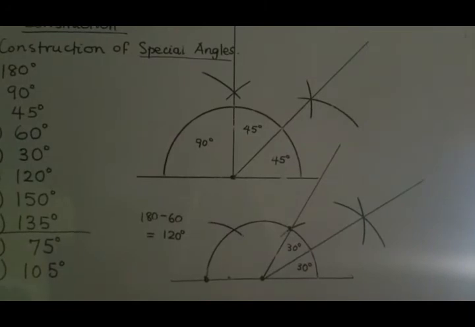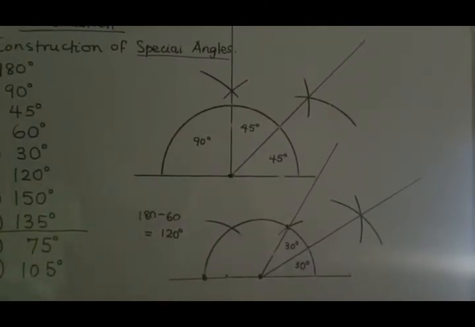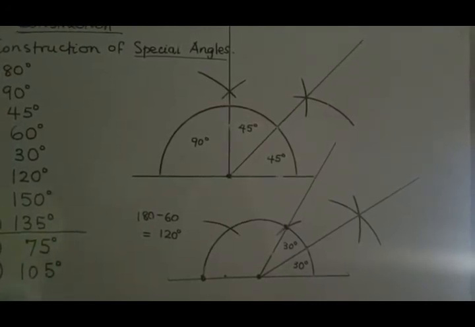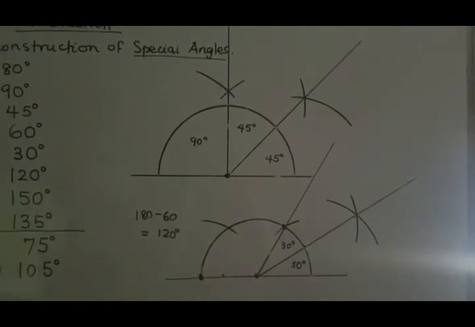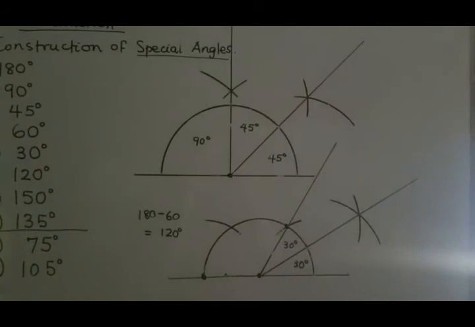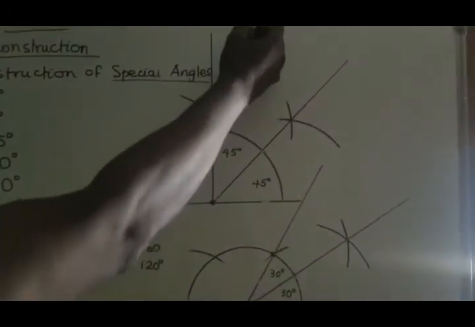So if you are able to construct 75 degrees, then you know that the other side is going to be what? 105 degrees. So I want you to figure out how we can construct 75 degrees and 105 degrees. Now in our next class, that is your assignment.